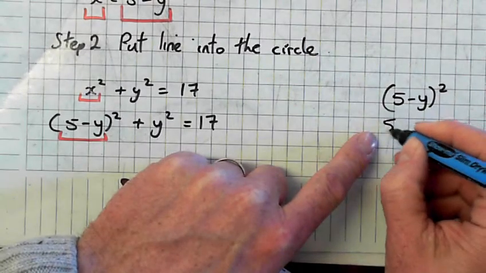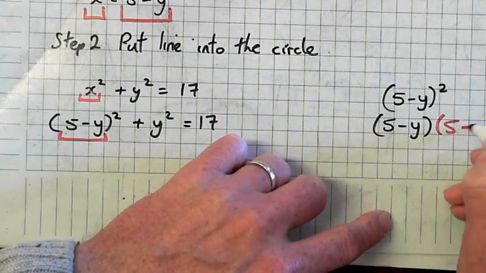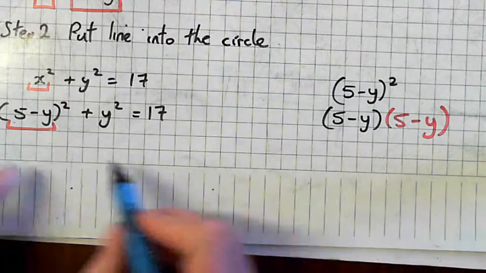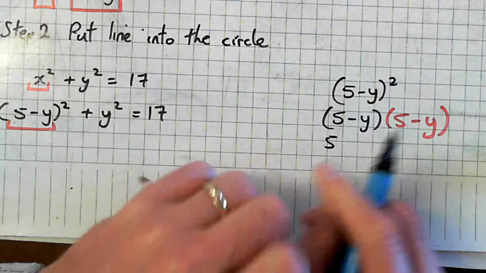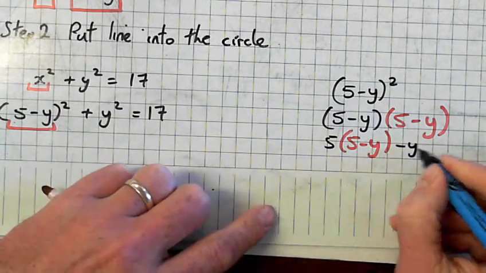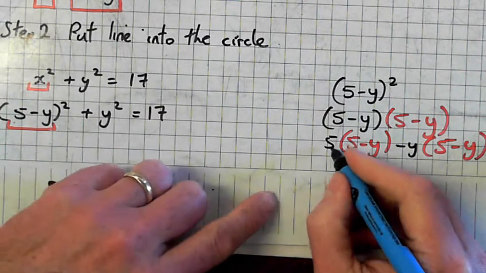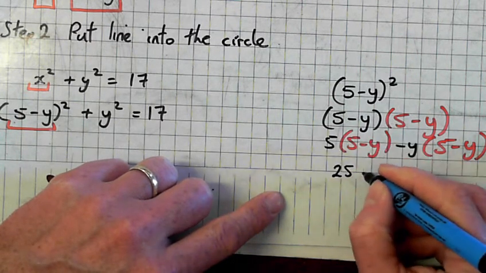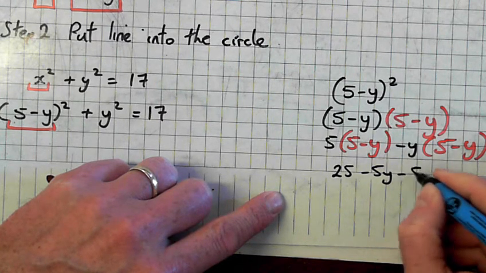So it's 5 minus y times itself. Alright, so this is rough work over here. So it's 5 times the second bracket. Minus y times the second bracket. So multiply it out. 5 times 5 is 25. 5 times minus y is minus 5y. Minus y times 5 is minus 5y.